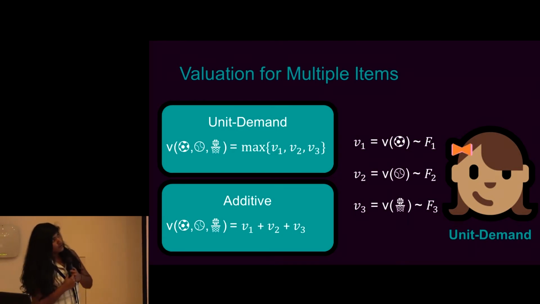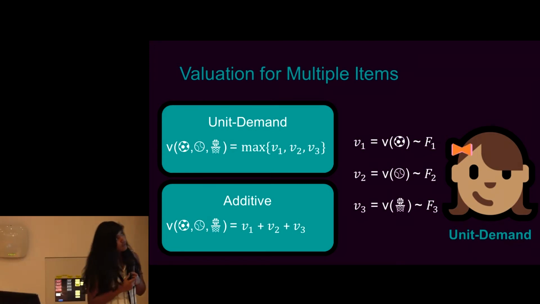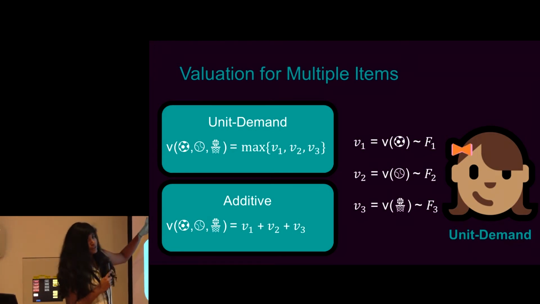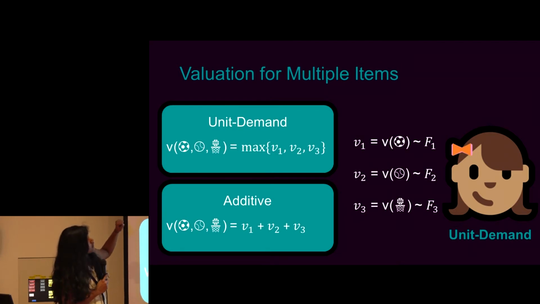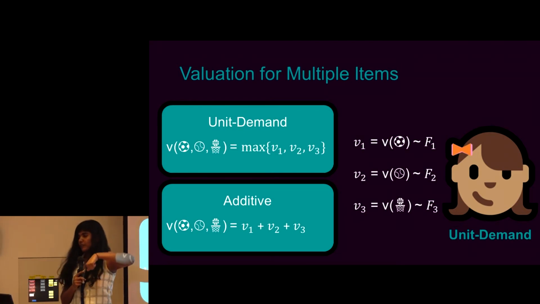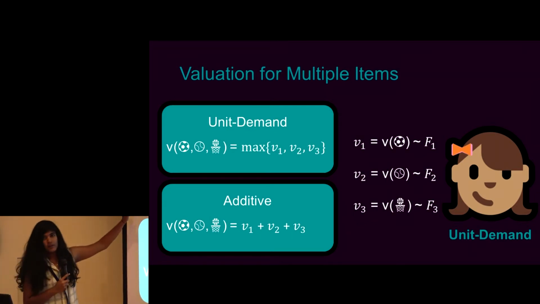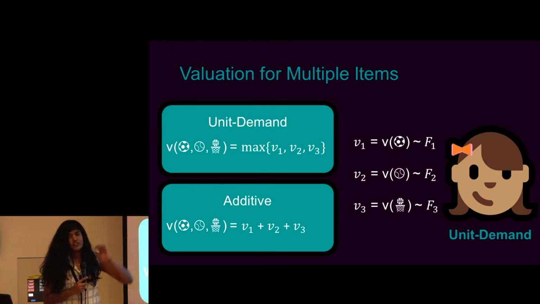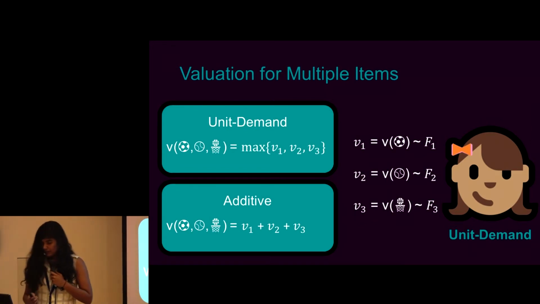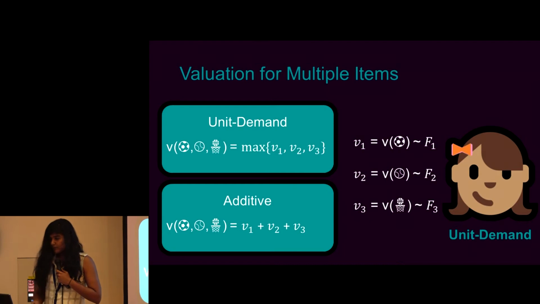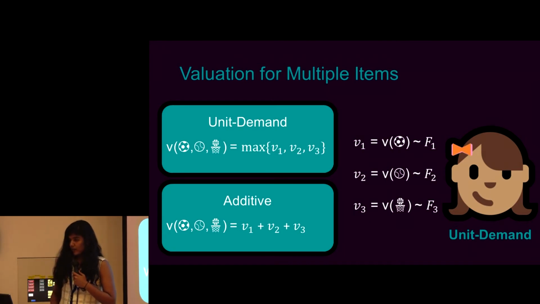We consider a unit demand buyer, so the buyer's valuation for a set of items is going to be the max valuation of each of the items. The buyer does not have the time to play all three sports. She only wants to buy one of the balls. So even if you give her multiple items, she only values one single object in that set. So we will only consider unit demand buyers.